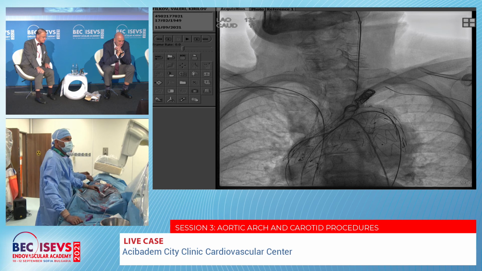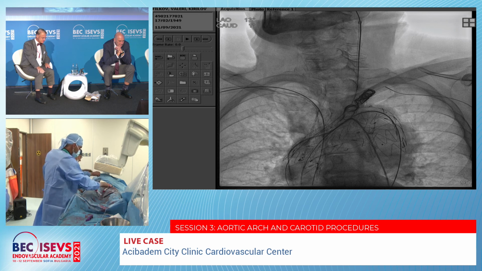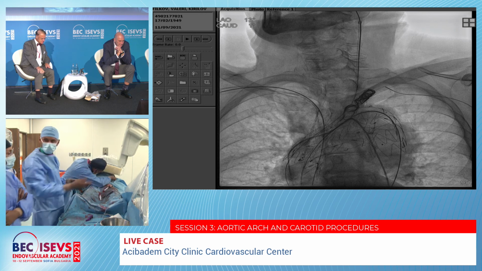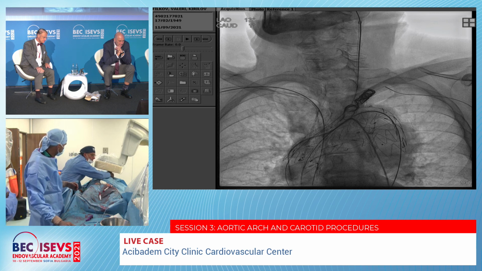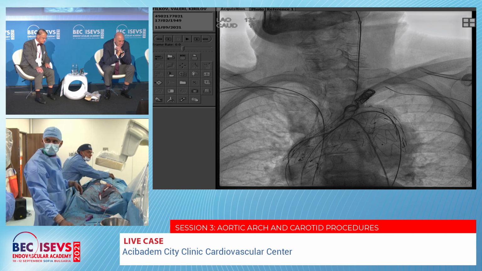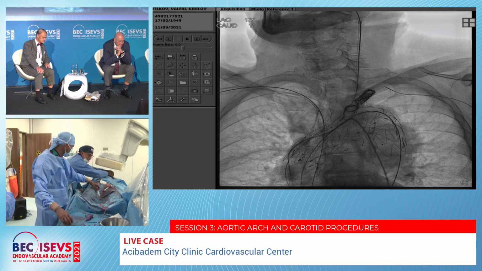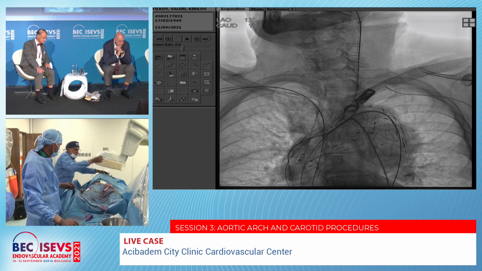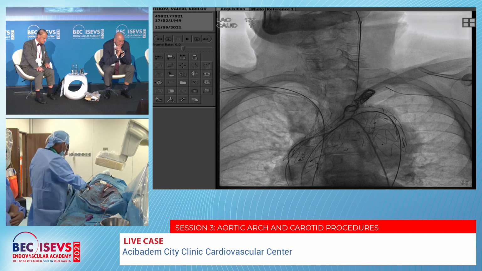Here is the brachiocephalic trunk. Absolutely the same. And now the left carotid. No gradient at all. It means the chimneys are working. Okay, good, fantastic.